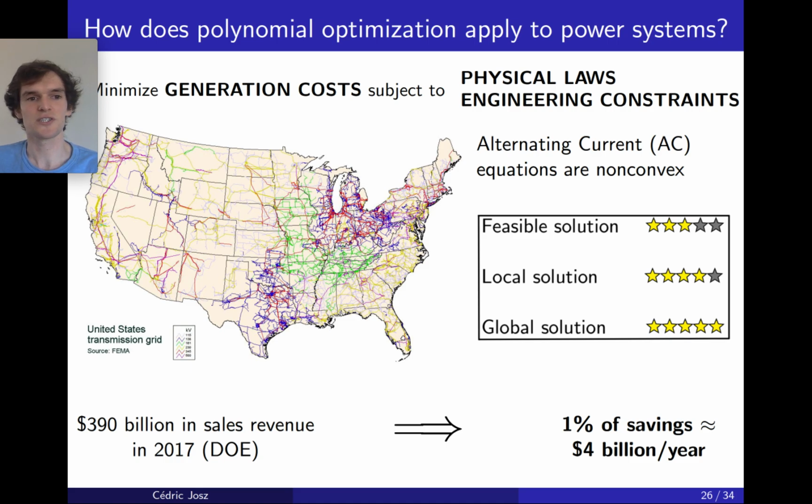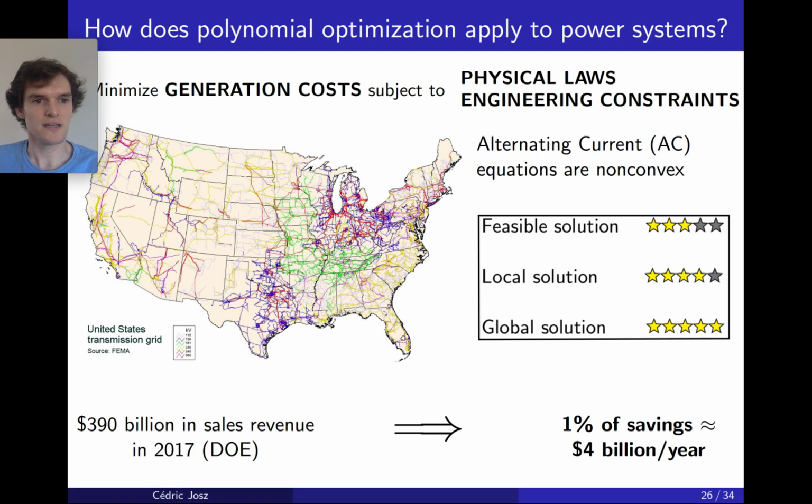But for now, let's just say that already finding a feasible solution, something that would satisfy these physical laws and these engineering constraints on a large scale, like the US grid, is a challenging problem. And then finding a solution that would be locally optimal with respect to, let's say, minimizing generation costs, that is a little bit harder, but a little bit better.